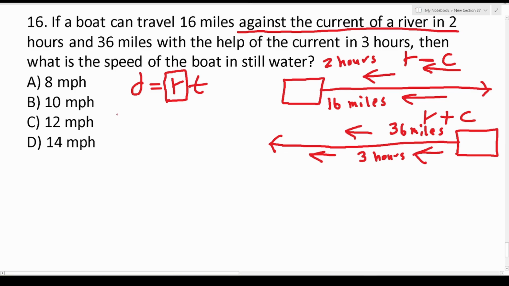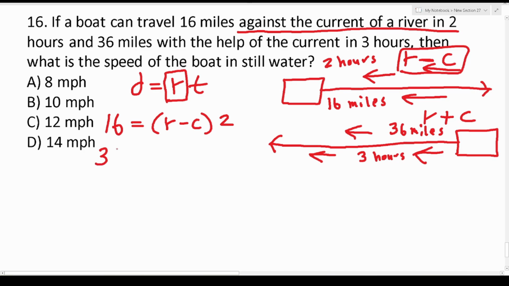So for this first one, we know that the distance is going to be 16 miles. Again, that's given. It takes the boat 2 hours to go 16 miles, and its rate is right here. So this is R minus C, and again, we're told it takes 2 hours to go that 16 miles. Likewise, this is the second instance where the boat's being helped by the current.